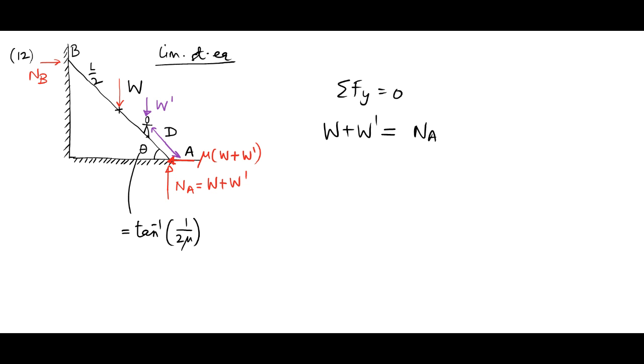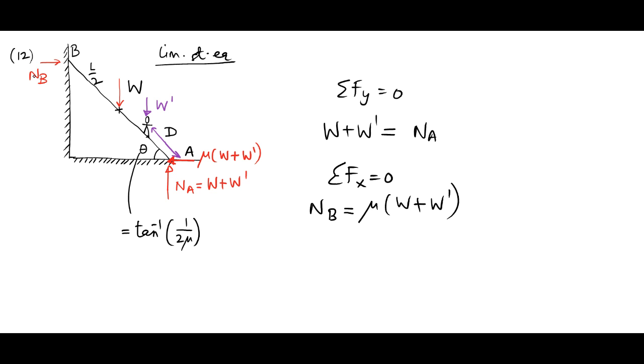Then I can apply sigma Fx is equal to 0, and it means the rightward force must balance the leftward force. So NB is the rightward force. The only other force having a horizontal component is mu times W plus W dash, it's leftward. So NB must be mu times W plus W dash.